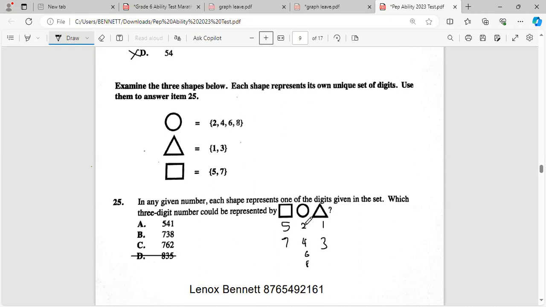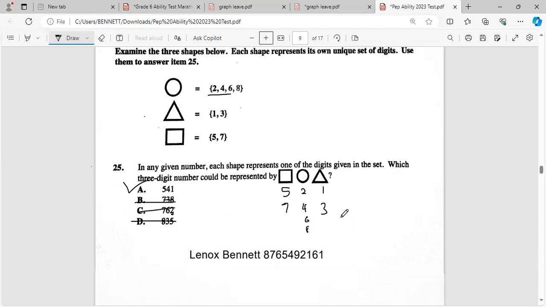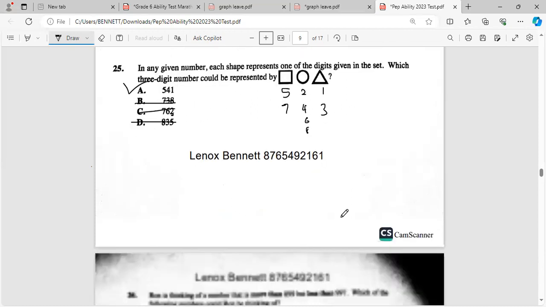So you see, the number starts with either 5 or 7. The second digit can only be 2, 4, 6, or 8 because the circle represents these. So this is our odd number. So we can eliminate this because the second digit is 3. So it can't be this. So it's either this or this. And then the last digit can either be a 1 or a 3. Now this is an even number. So we can eliminate this. So it would be this, which is 541. All right. So I agree. It's A.